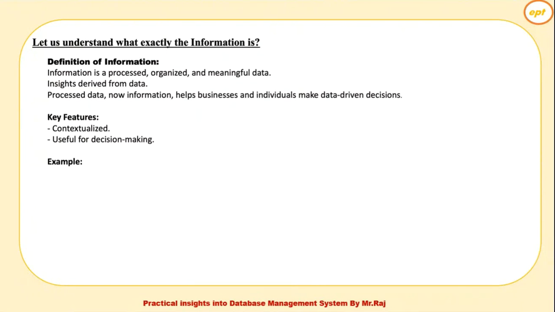Now let me tell you. Okay, let me tell you. Google Maps is taking the raw location data. Okay, raw location data. Carefully listen. It is taking the raw location data and processing it to provide better traffic predictions, and also it is providing the optimal routes, right?